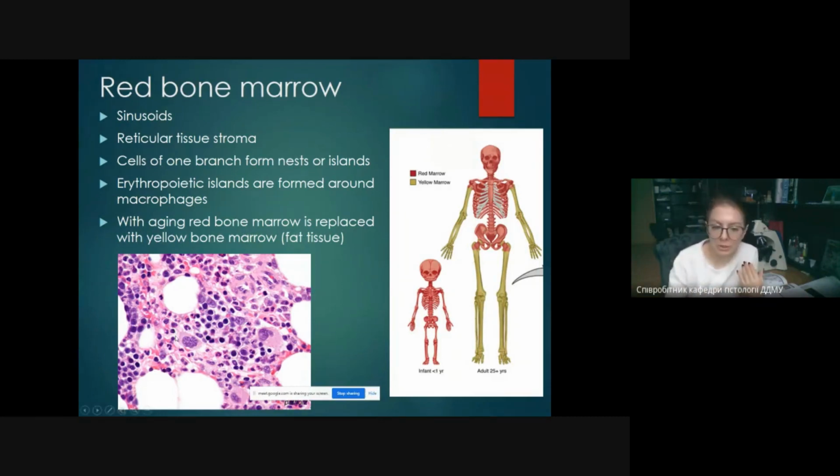So here the biopsy is given, and we can see that large adipocytes are present there, because with aging, red bone marrow is replaced with yellow bone marrow or with fat tissue. And we can see fat is present everywhere in the red bone marrow. So red bone marrow itself is represented by different hematopoietic cells, and all of those we have just discussed could be found there.